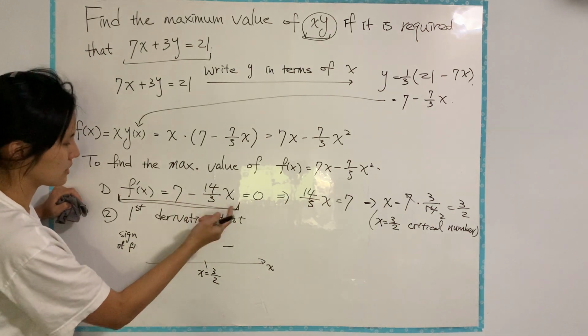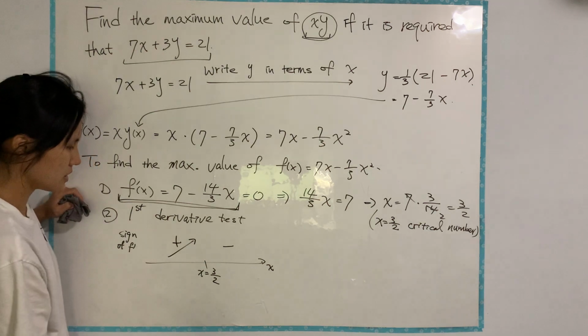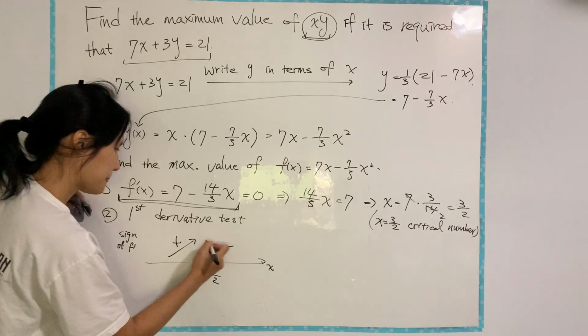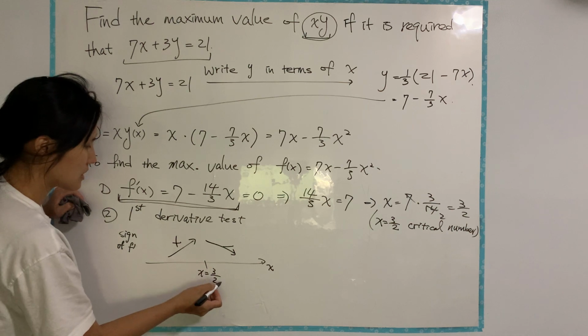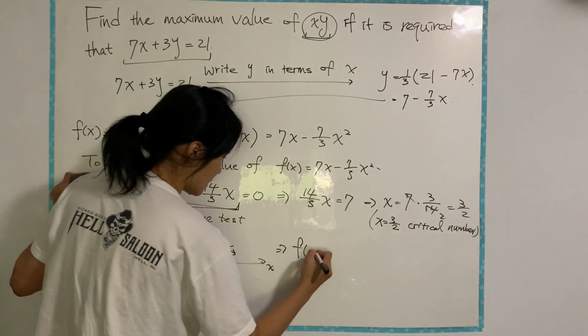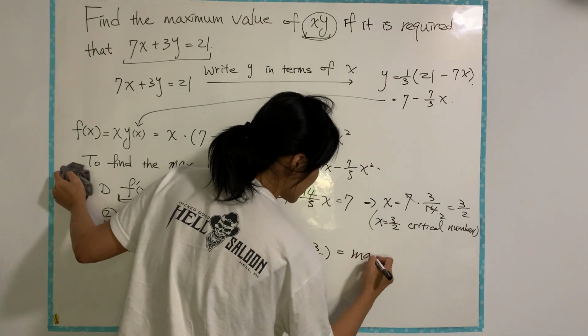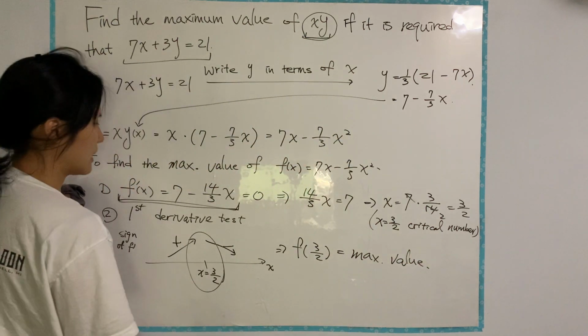Then you have 7 minus 0, so that's a positive. So we can see the function increases before 2/3, then decreases after 2/3. So this means f of 2/3 is the maximum value. And all we need to do is to figure out this value, okay?